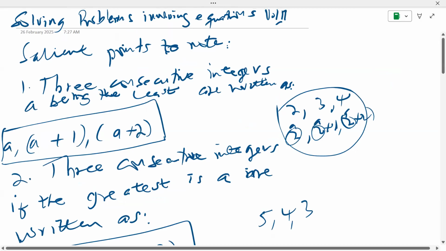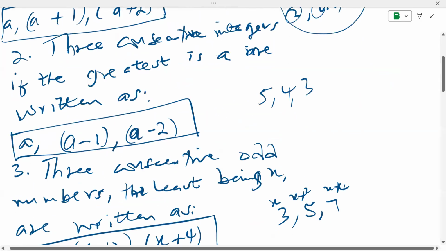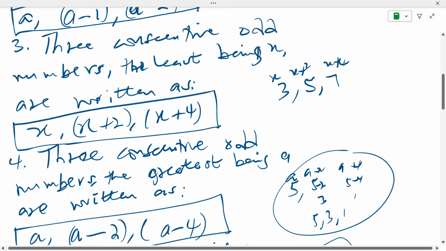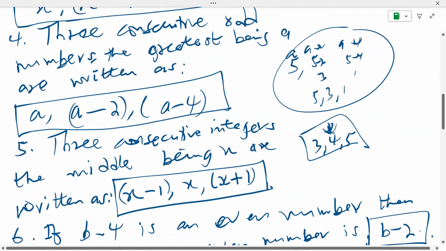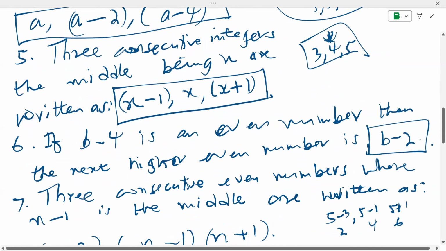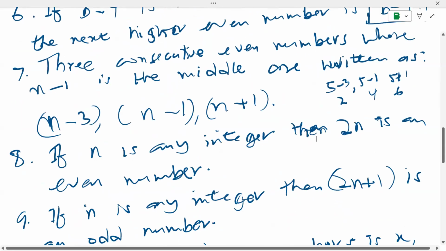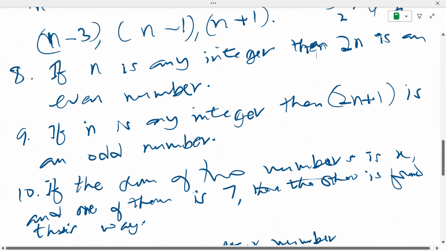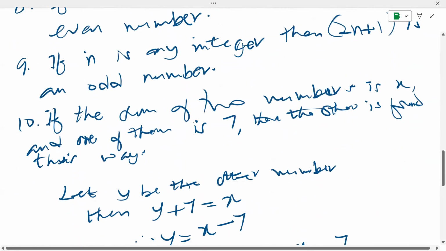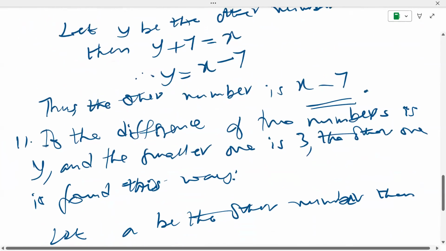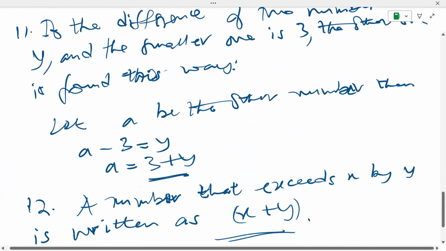So we've dealt with 1, 2, 3, 4, 5, 6, 7, 8, 9, 10, 11, 12.